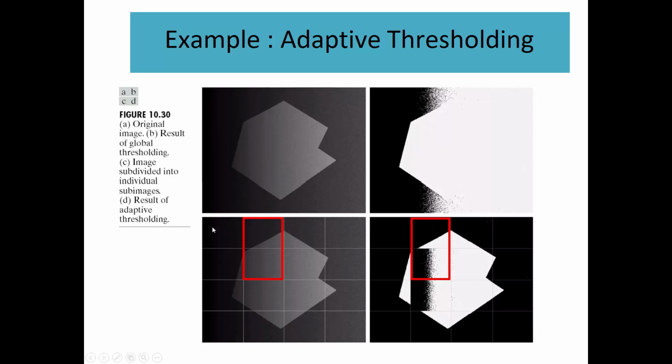The solution is to divide our image into n number of sub images and choose a local threshold for each sub image, which will give a better result as compared to global thresholding. You can see that if we choose a local threshold for each sub image, there is an error only in these two sub images. So that gives a better segmented output as compared to global thresholding.